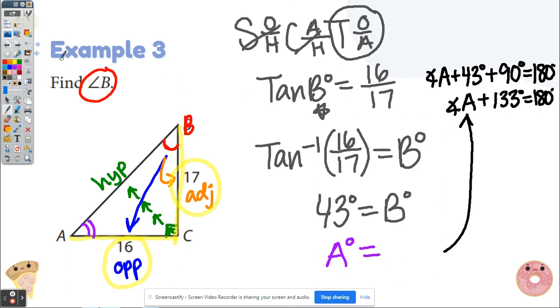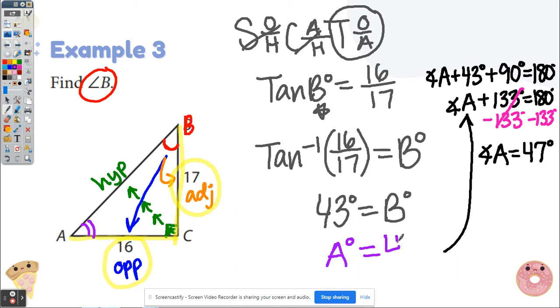Then what would you do on both sides? You would subtract by 133. Once you did that, you would have the correct final answer for A. So angle A equals, what is 180 minus 133? 47 degrees.